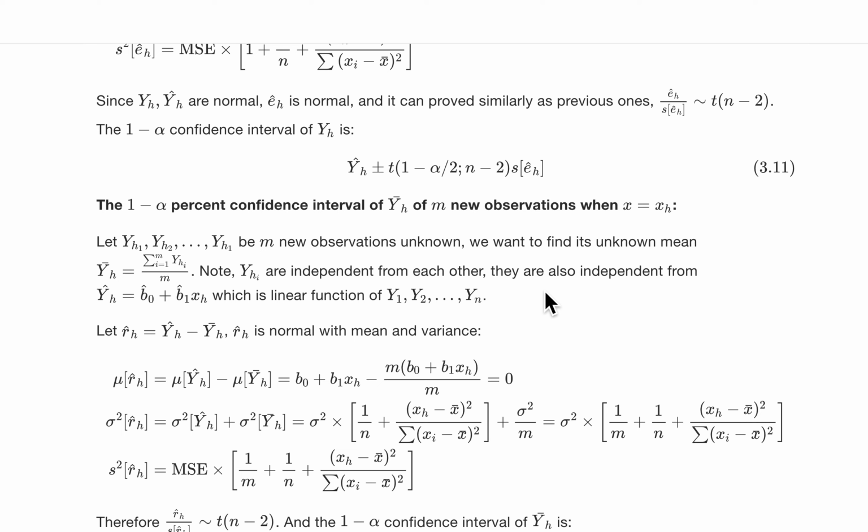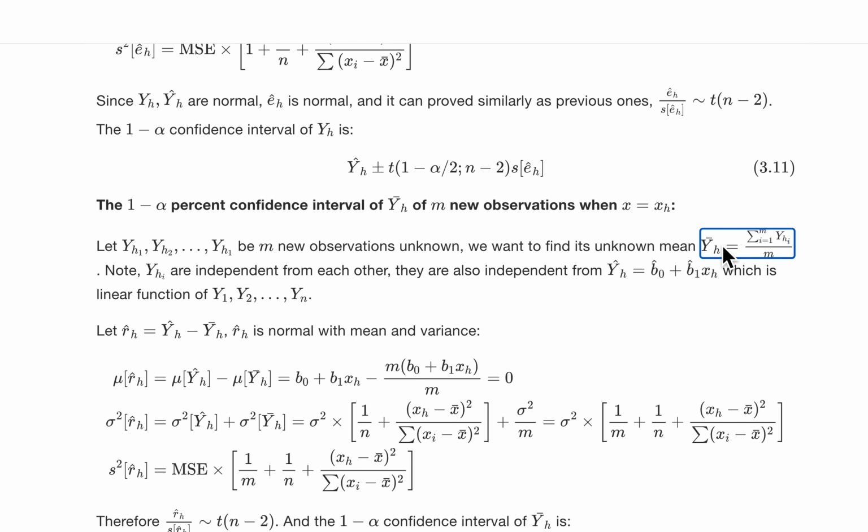Let's say we have m new observations from YH1 to YHm, and we want to find a confidence interval of y bar h, which is this one. So the YHi are independent from each other. They're also independent from YH hat, which is a statistic from Y1 to Yn.